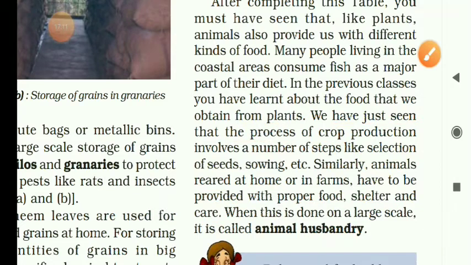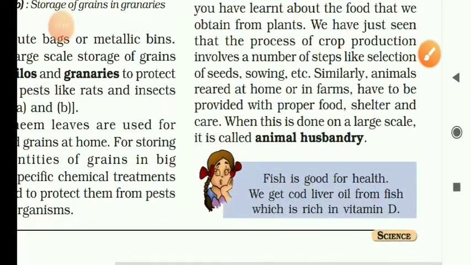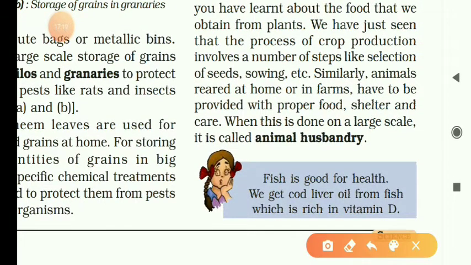When this is done on a large scale, it is called animal husbandry. What do you mean by animal husbandry? The rearing of animals with proper care, proper shelter, proper food is called animal husbandry.